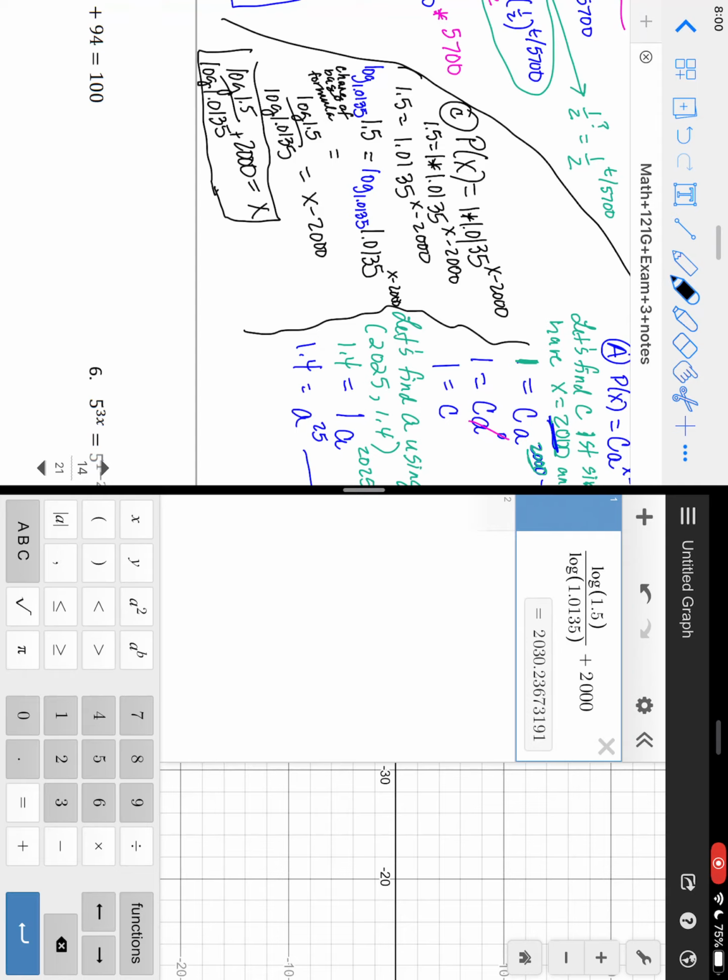So it should be in the year about 2030. So x is approximately the year 2030 for part C.